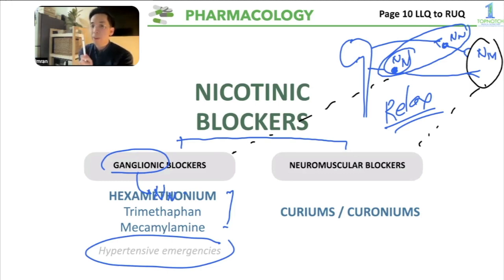Kung kanina, meron na tayong diniscuss na similar na muscular blocker na iba yung mechanism of action. Ano nga ang drug yon? It's your succinylcholine. Your succinylcholine, it's a nicotinic agonist, but it acts as a blocker kasi what does it do? It depolarizes.